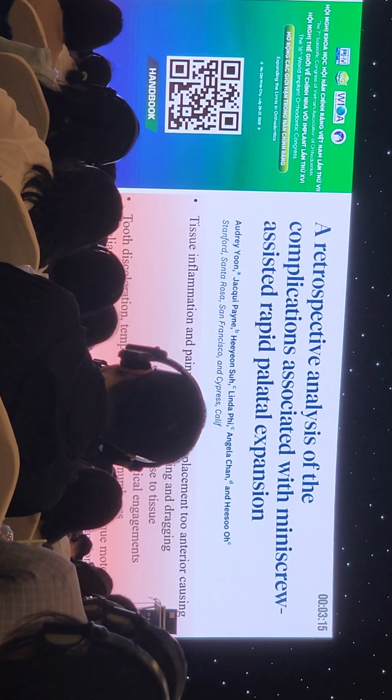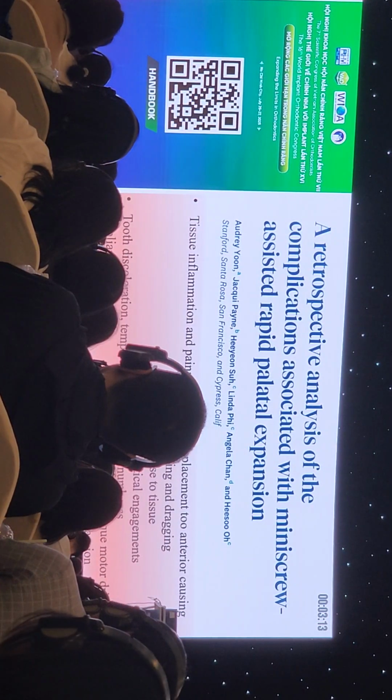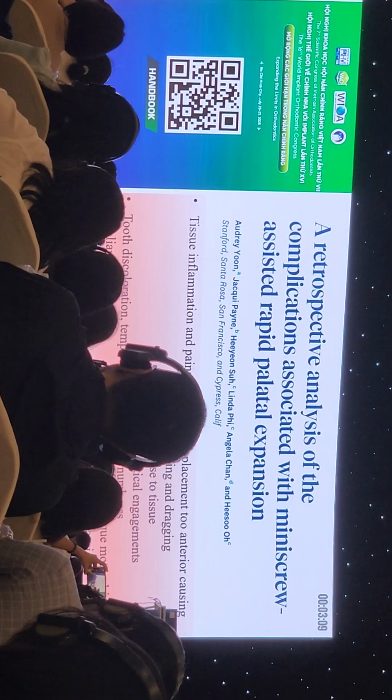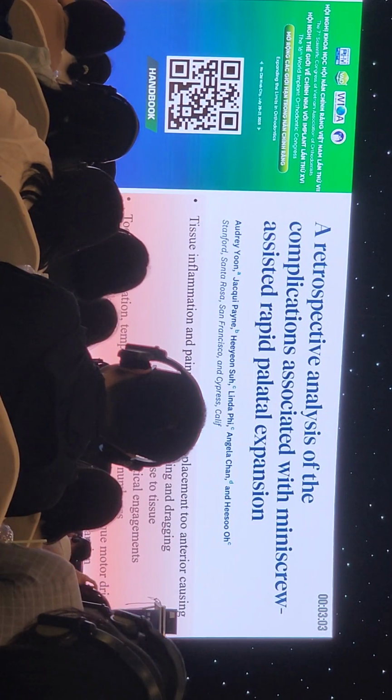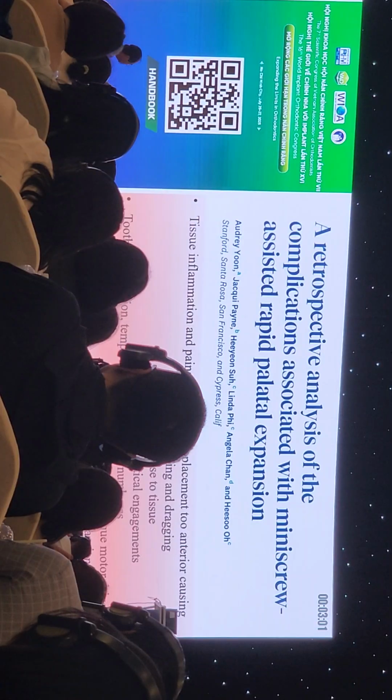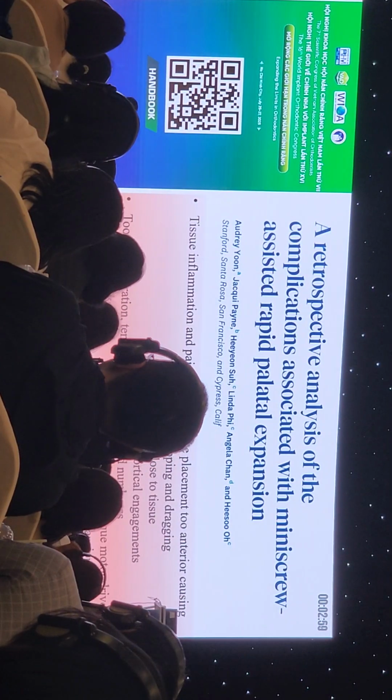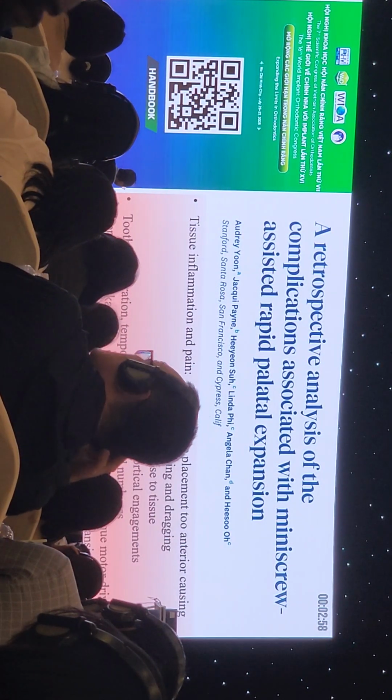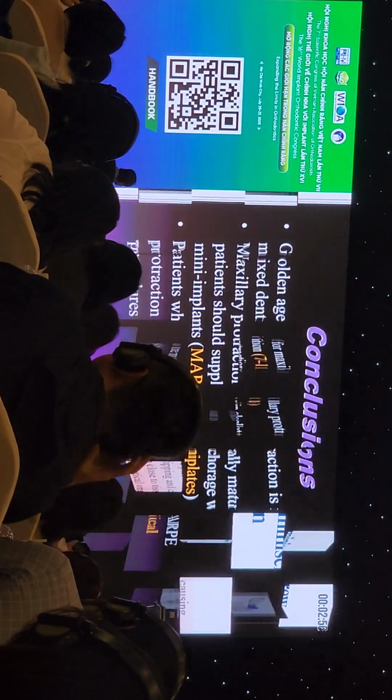You camouflage it with orthodontic tooth movement. But inside, when you do expansion, it is not always symmetric. About 60% is symmetric, about 40% asymmetric. So we still consider that to be a kind of side effect. If you want to read a little bit about it, be my guest.